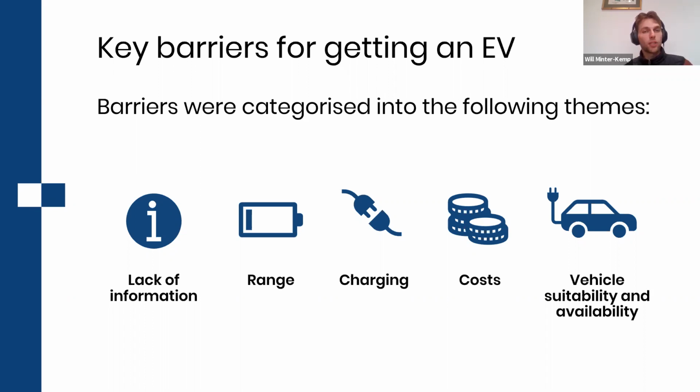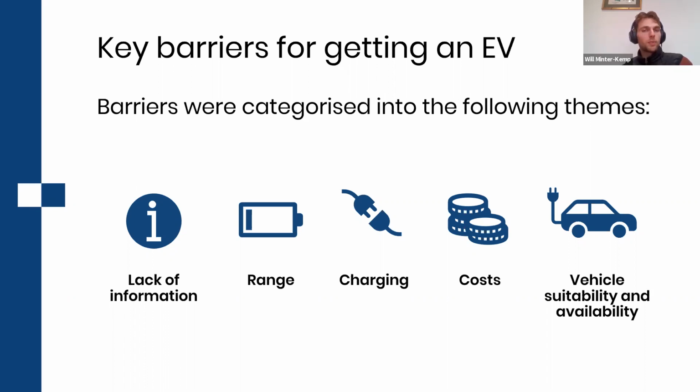There might be information about charge points or how to charge, but it doesn't necessarily work out for that person to make them be able to make the decision if they could actually switch to an electric vehicle, not for them specifically. As you can imagine, people don't want to run out of electricity in their cars or have too short a range.